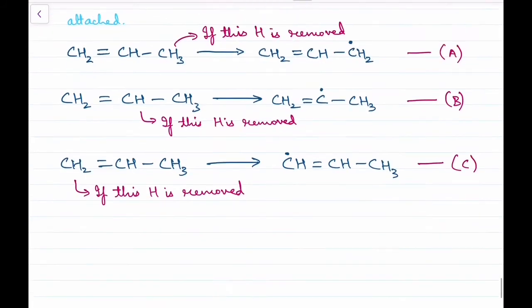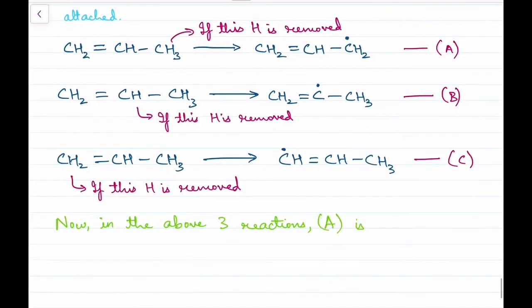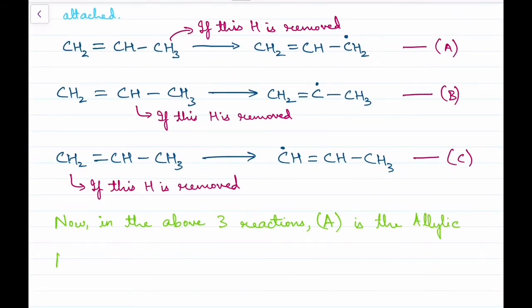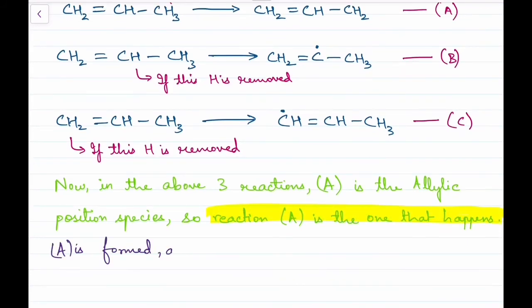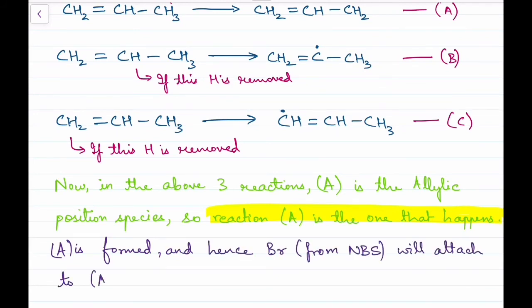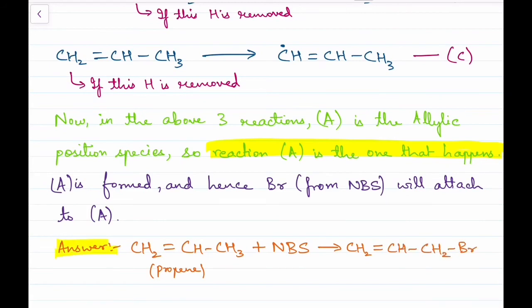Now in all of these 3 reactions, A refers to the allylic position reaction. And as we know, NBS introduces bromine only at the allyl position, and so the answer will be A, which is CH2 double bond CH single bond CH2 Br. So propene, when it reacts with NBS, the answer will be CH2 double bond CH single bond CH2 Br.